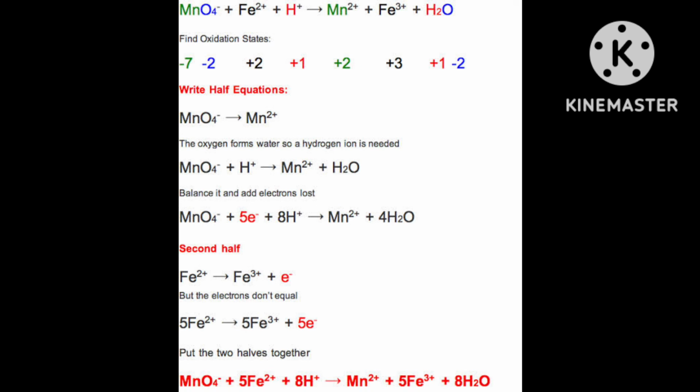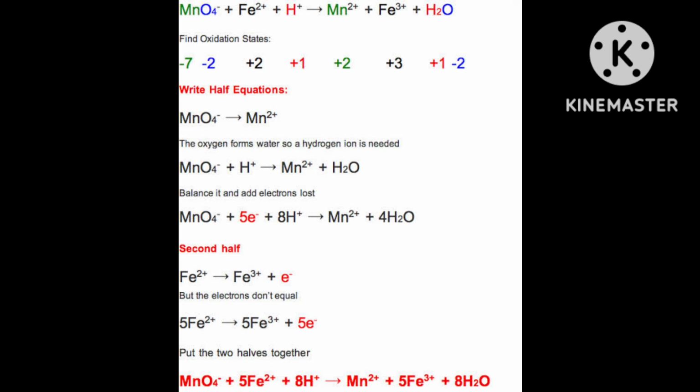But again, before adding, what you have to do? Electrons should be balanced or not. You have seen that on the oxidation side only 2 electron is there, but in the reduction process 3 electron is there.